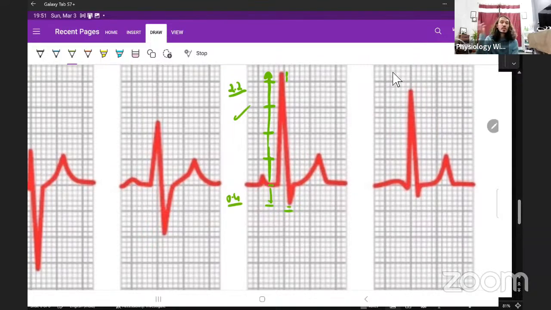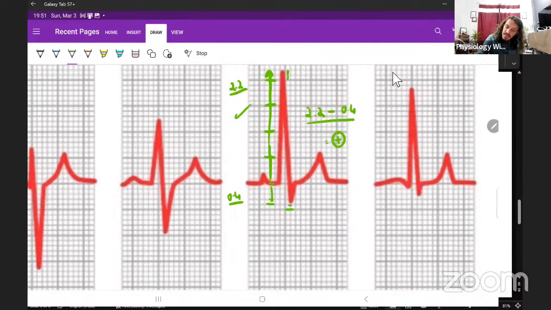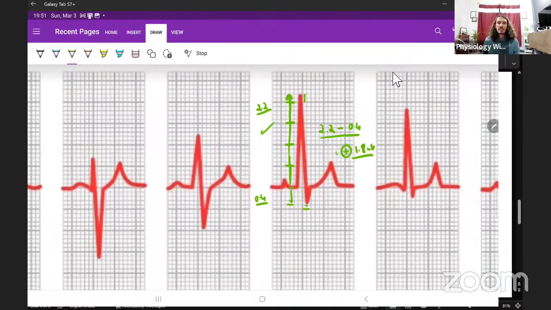So what is the mean QRS vector? It's going to be 2.2 minus 0.4. So this is equal to plus 1.8 millivolt, which will be the mean QRS amplitude. Again, this is very important later when we come to understand ventricular hypertrophy and all that and measuring on this. Okay, so this is the next thing that you can do, mean QRS vector.